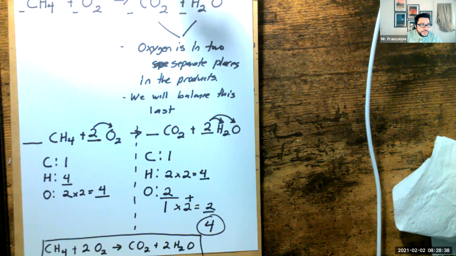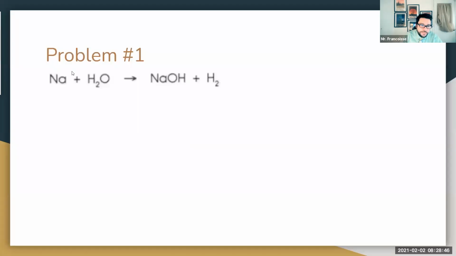So what we're going to have you do is try one out on your own. So we're going to look here at problem number 1. Na plus H2O gives us NaOH plus H2. We want to balance this equation here.